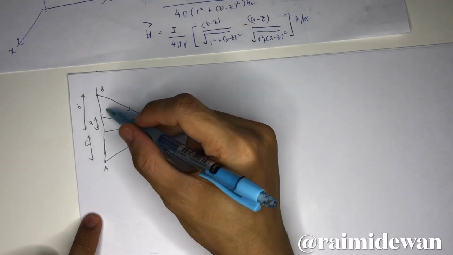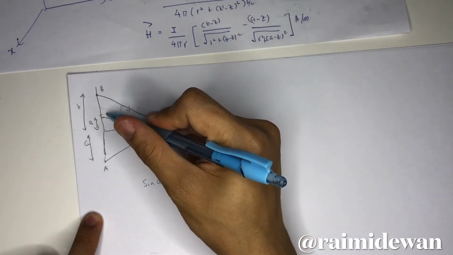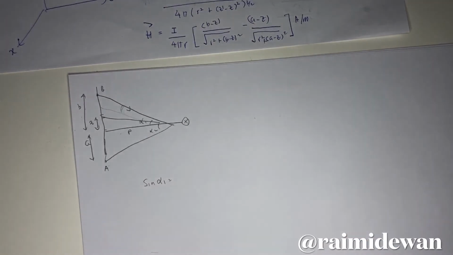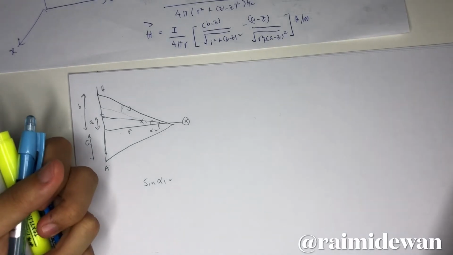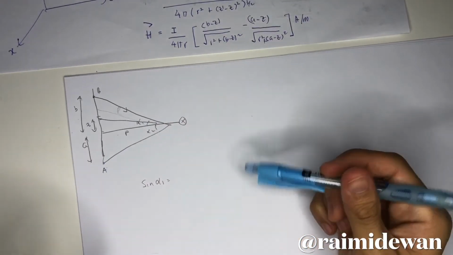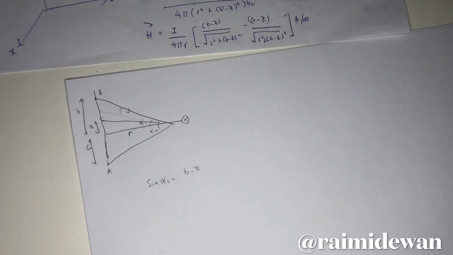Sine is opposite over hypotenuse. So for sine alpha 1, the opposite is your B, which is B minus Z. Sorry for the confusion.